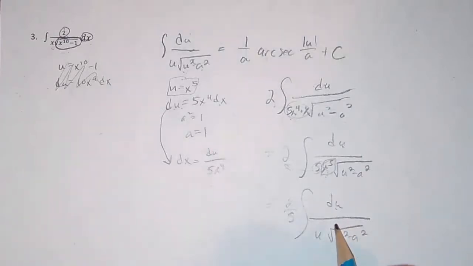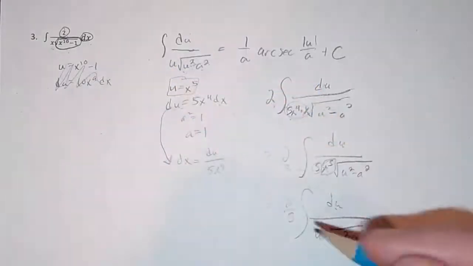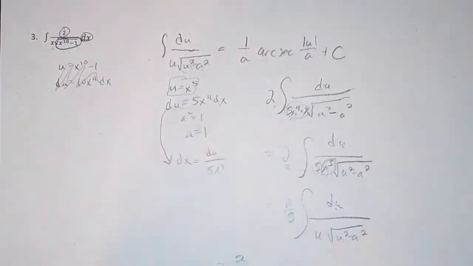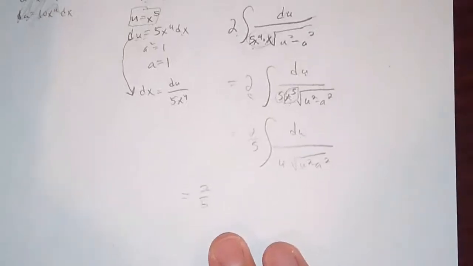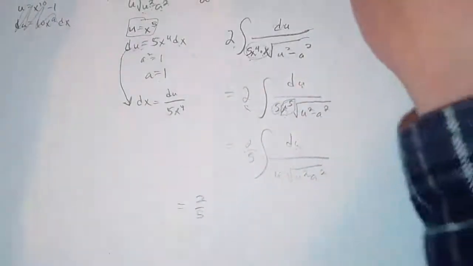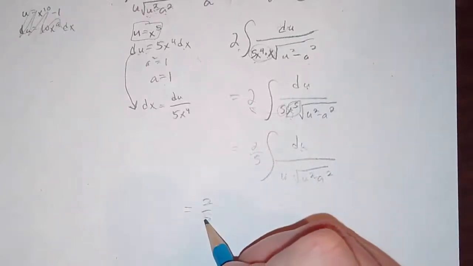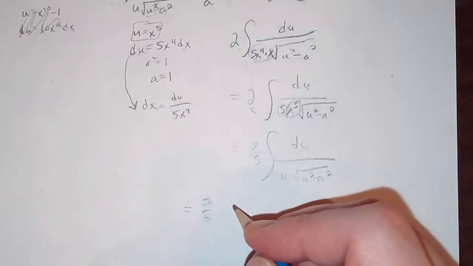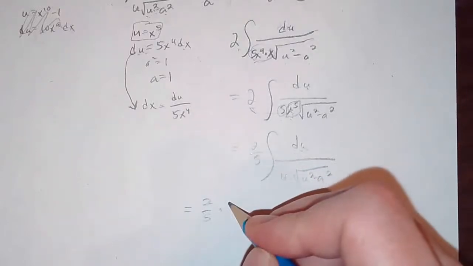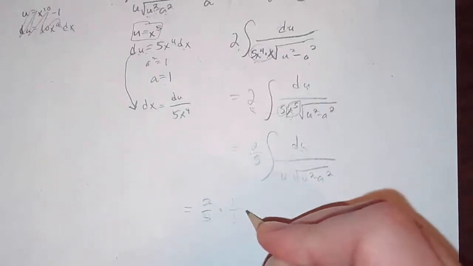And now we match this pattern perfectly. We just have a 2/5 out front, which is fine. With that 2/5 out front, the rest of this just follows the arc secant pattern. So we have 1 over a, which for us will be 1 over 1.